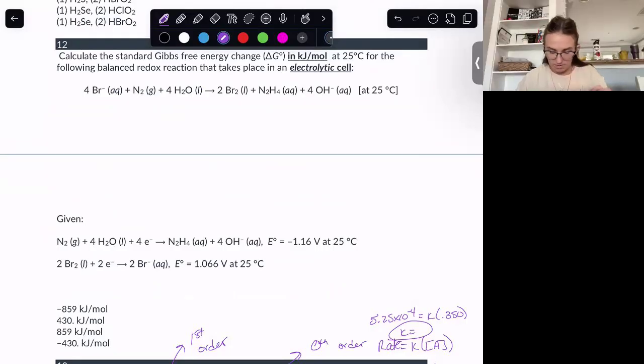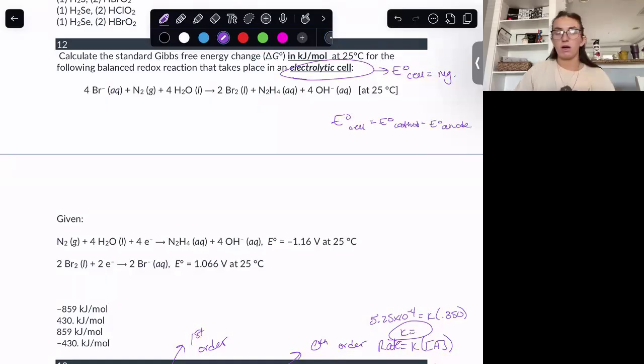So when we look at standard Gibbs free energy for an electrolytic cell, the important thing to note here is that E naught cell is negative. So when you set up your E naught cell, E naught cathode minus E naught anode, you want to look at your values so that it comes out to be a negative value, because in an electrolytic cell it should be negative.